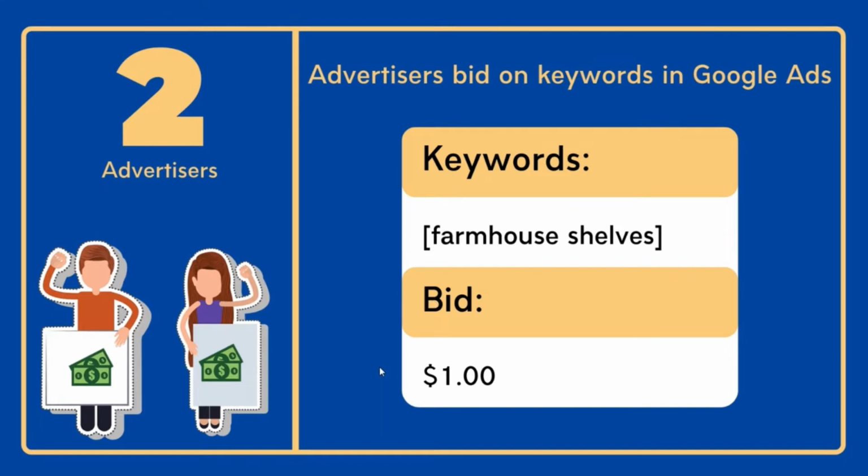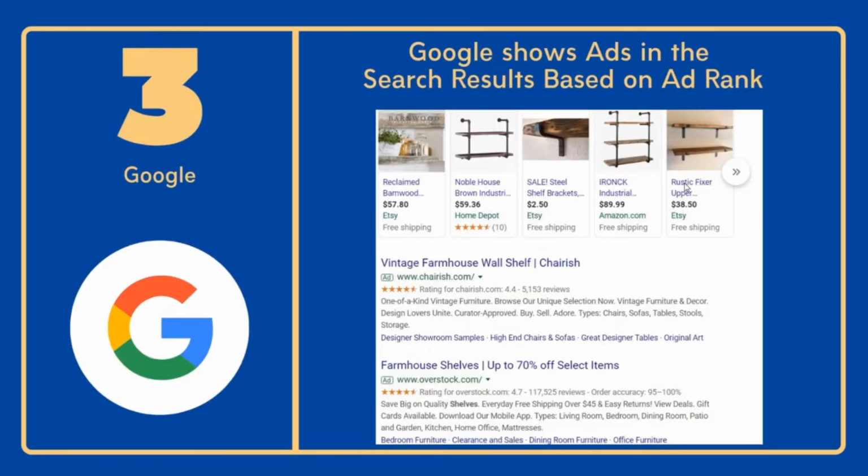Next what happens is advertisers bid on keywords in Google Ads. Once you set up your campaigns, they're always running in Google Ads until you pause them, or if you run out of your budget. When you're running your campaigns, if you're an advertiser, you select this keyword to bid on, so farmhouse shelves. The brackets around the outside indicate that this is an exact match keyword, so there are some different keyword match types.